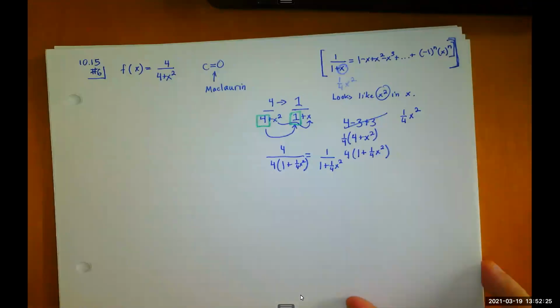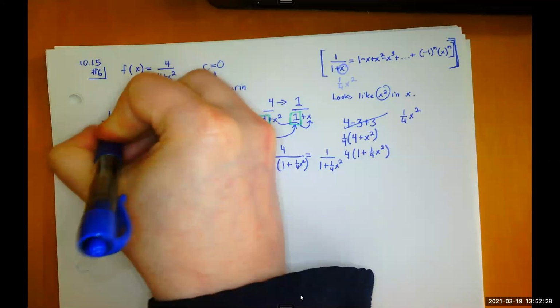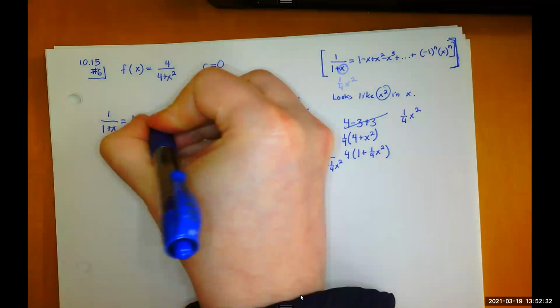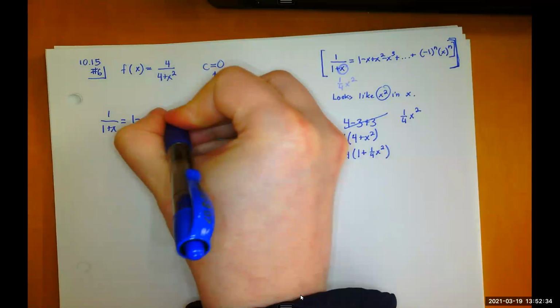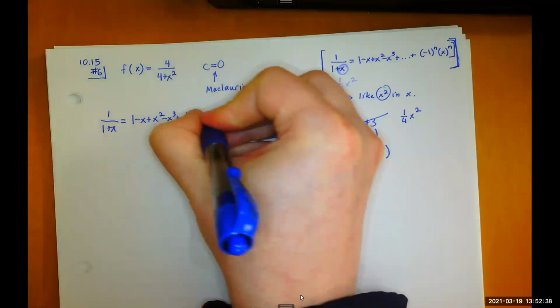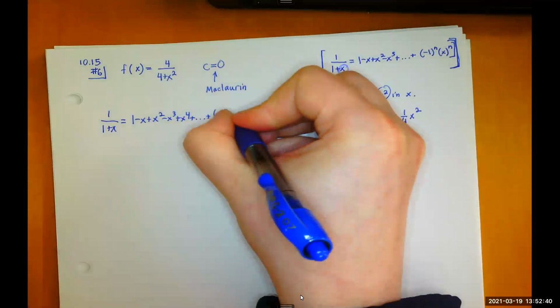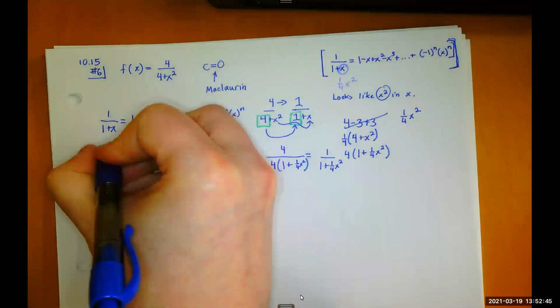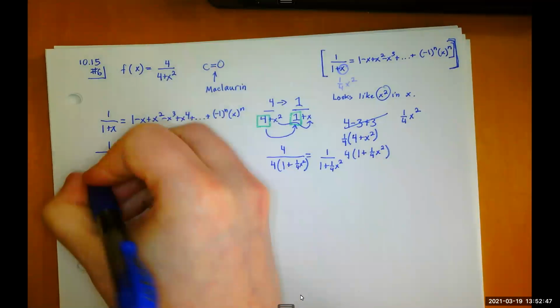So I've got the Maclaurin series for 1 divided by 1 plus x. That's 1 minus x plus x squared minus x cubed plus x to the 4th, etc., etc. I'm following the pattern -1 to the nth power times x to the nth power. But I don't want to have x.